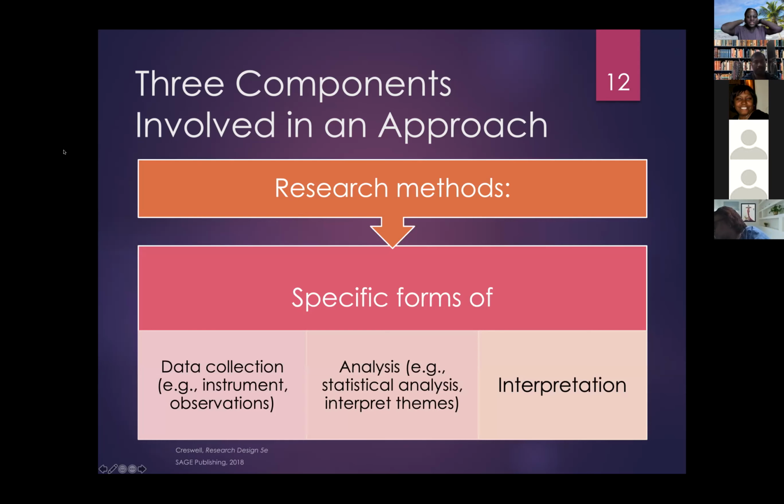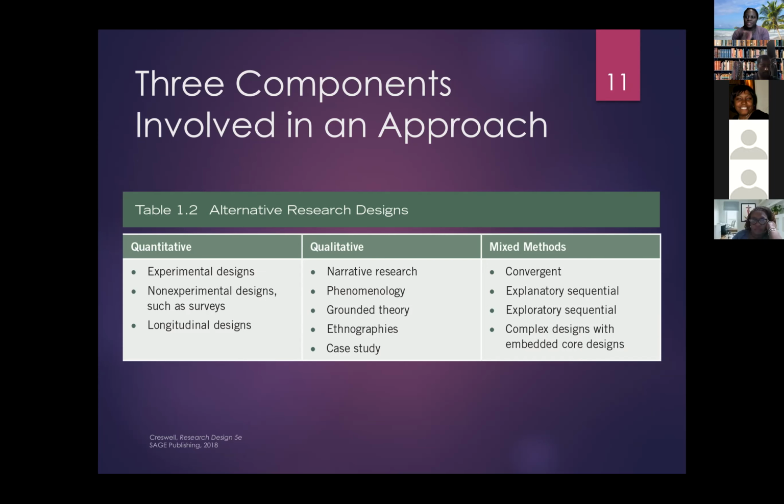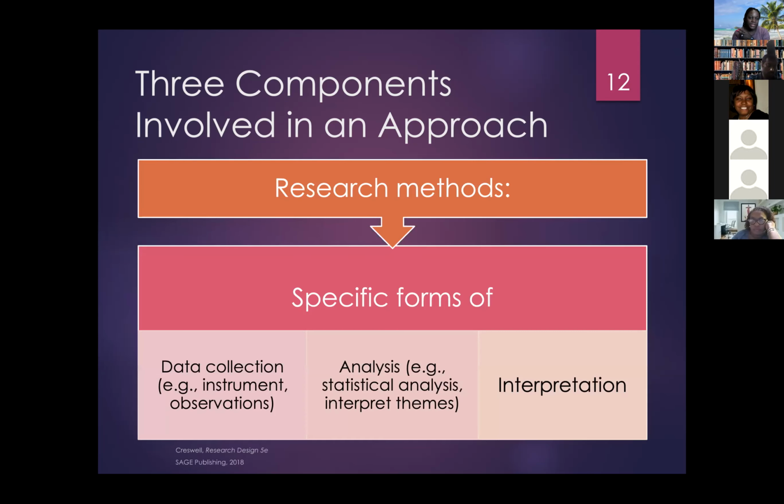So with research methods, that's the third component. The first component was philosophical worldview. The second component was the research design or the inquiries. This third component is research methods. Research methods, again, that's the detailed stuff, the specific information.